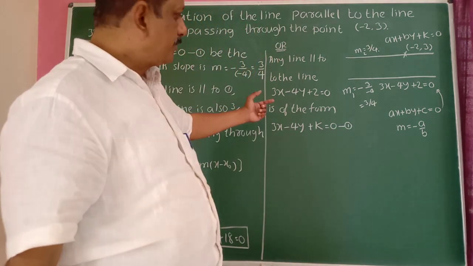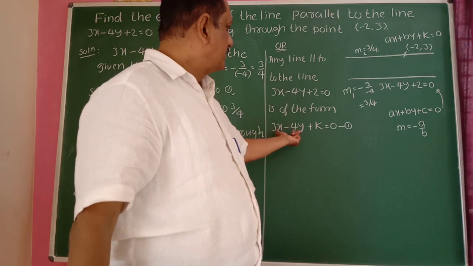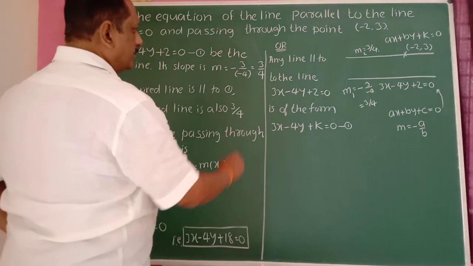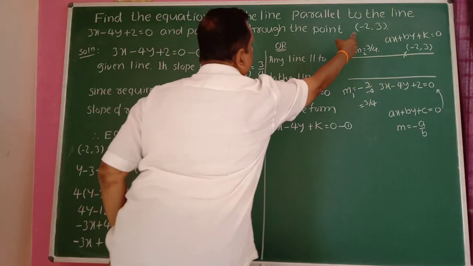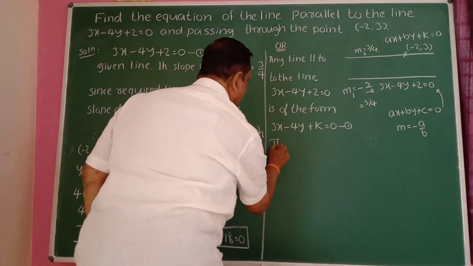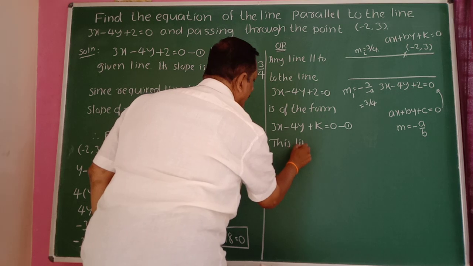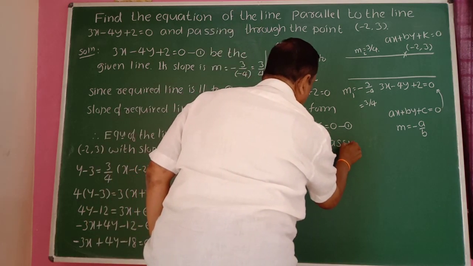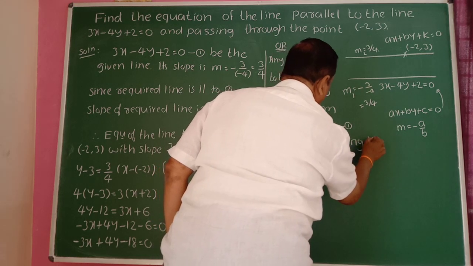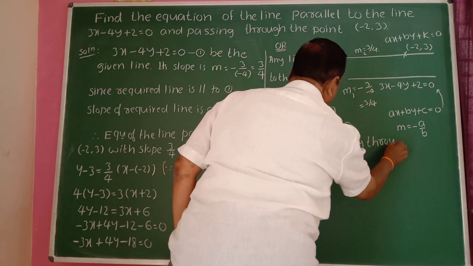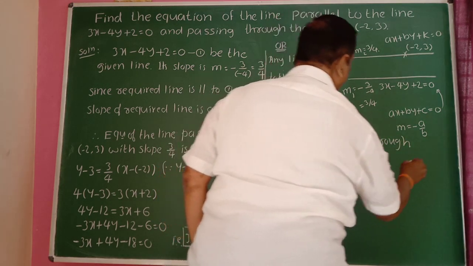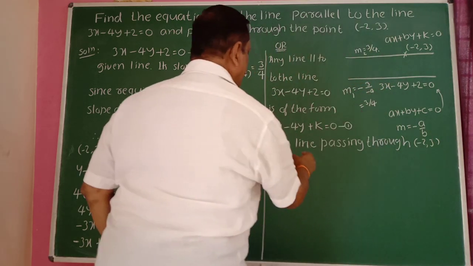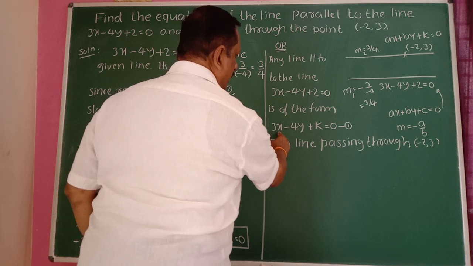So lines are parallel, so write these two terms as they are and change only the constant k. This line is passing through the point (minus 2, 3). So substitute x value minus 2 and y equal to 3.